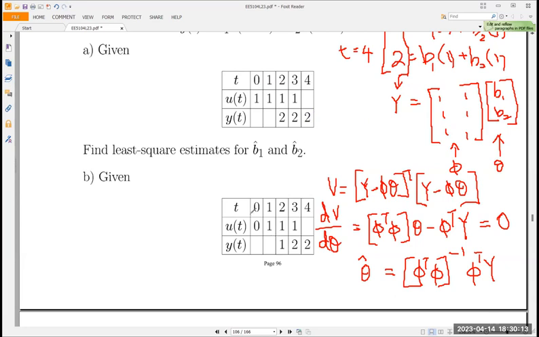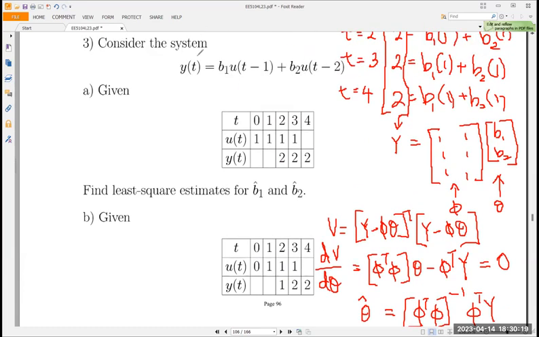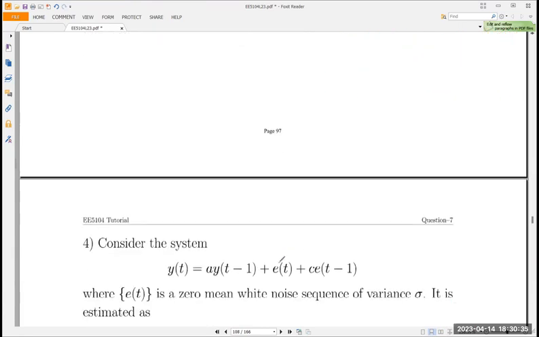Now you look, if the signal is slightly different, you look at this signal and this signal, same transfer function, you will find that 3b got no problem. You will be able to identify B1 and B2. So likewise, you go and find out what is your y, what is your Φ, and what is your θ.